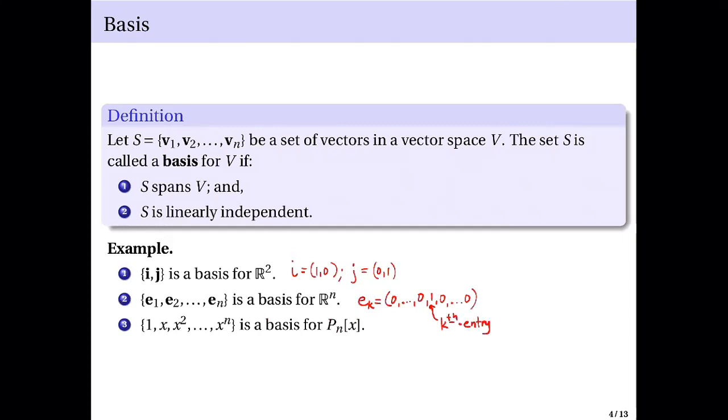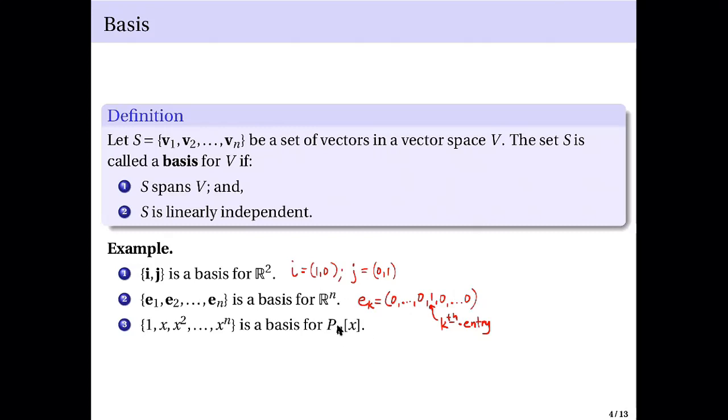So 0 everywhere except for one component, and that should be found on your kth entry. So E1 has 1 here and then 0 everywhere else. E2 will be 0, 1, and then 0 everywhere else, etc. En will be 0 everywhere else except on the last entry, which is 1. So that's your Ek. And this set, E1, E2 until En, is also a basis for your Rn.